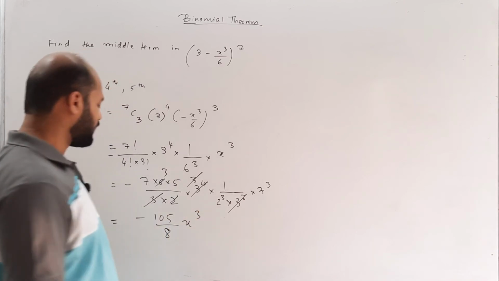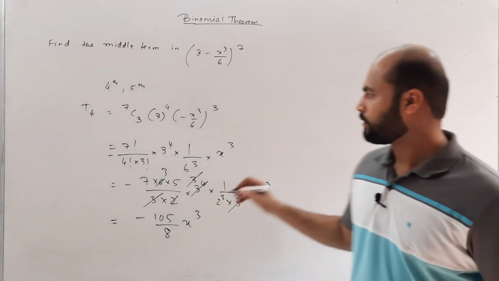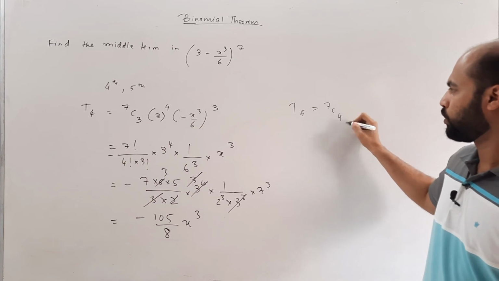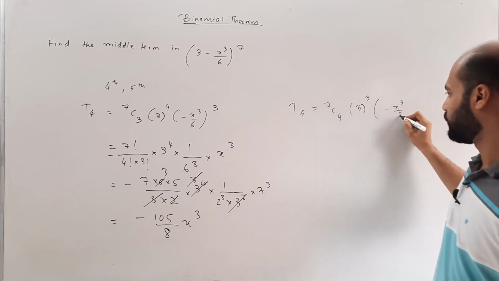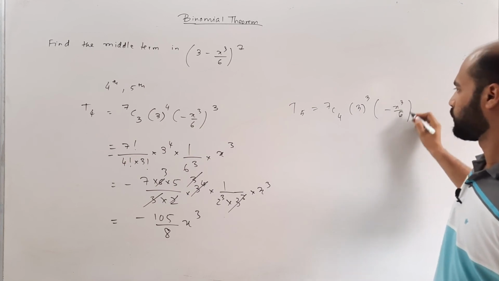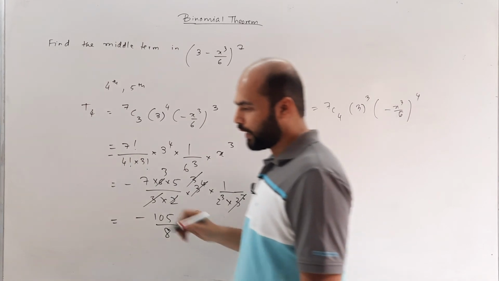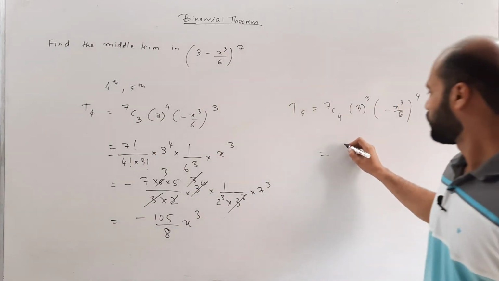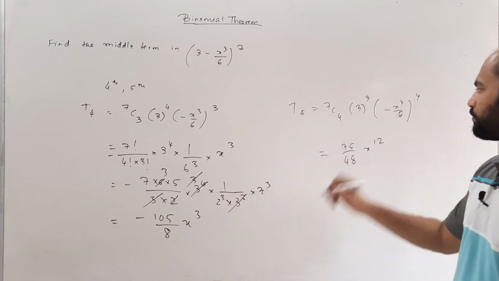That is the middle term. One middle term. The other middle term is T5, that is T5 is going to be 7C4 3 raised to 3 (minus x cube by 3) raised to 4. So if you calculate this, you are going to get the answer as 35 by 48 x raised to 12.